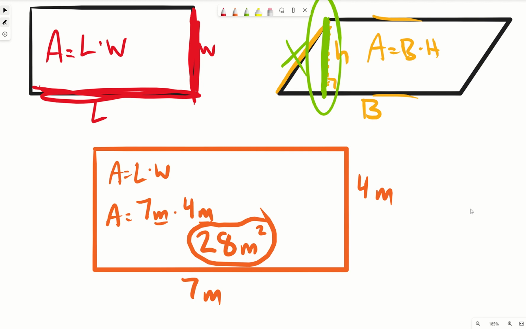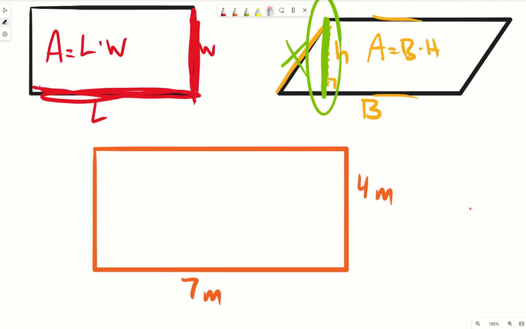Good. All right. Okay, let's say I have this rectangle, and I'm going to change some measures, and you're going to solve it for me. Let's say I have a length of 5.2 feet and a width of 1.7 feet.